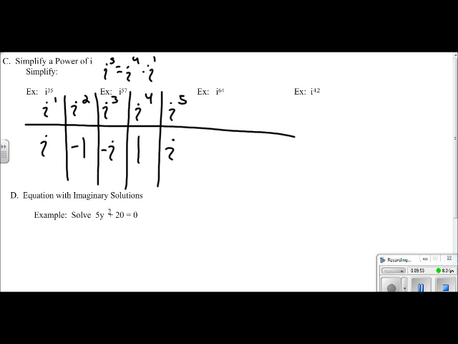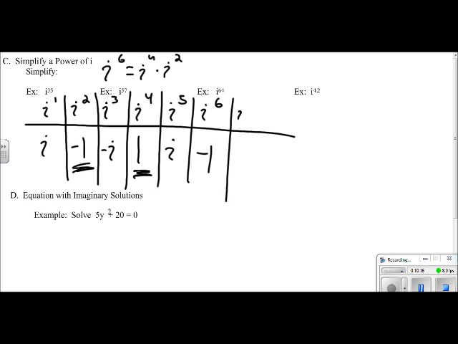Similarly, we can see that I to the 6th is the same as I to the 4th times I squared. Again, I to the 4th is 1, and 1 times anything, that I squared, is itself again.